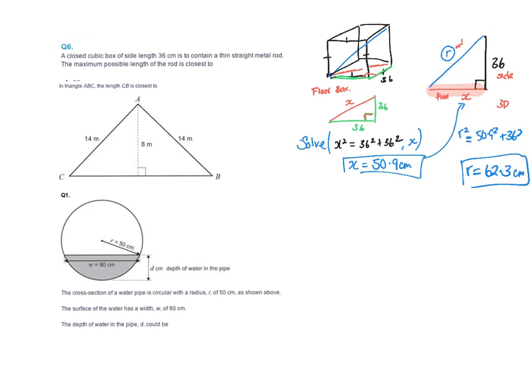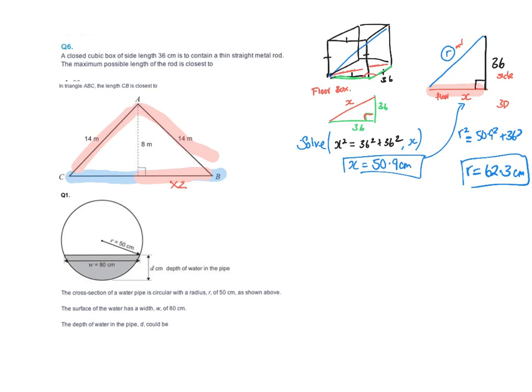Okay, in the triangle ABC, the length BC is equal to, so they want this length here. So really, can you see that this is an isosceles triangle? So if I calculate that length there and times it by 2, that will tell me the whole length.